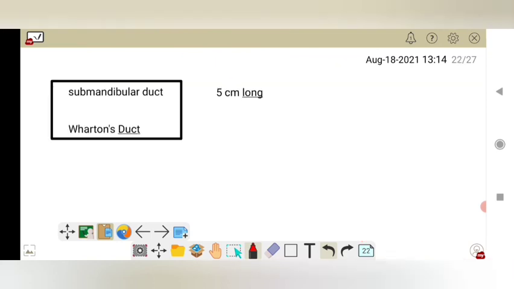Now submandibular duct is also termed as Wharton's duct. It is 5 cm long.